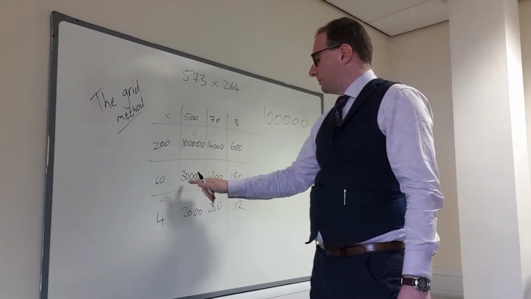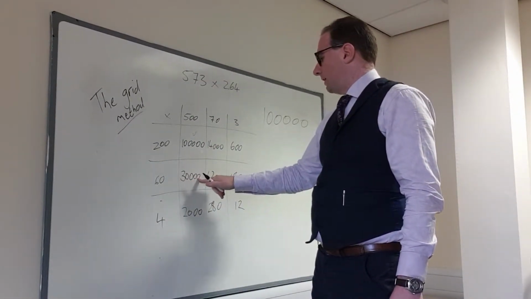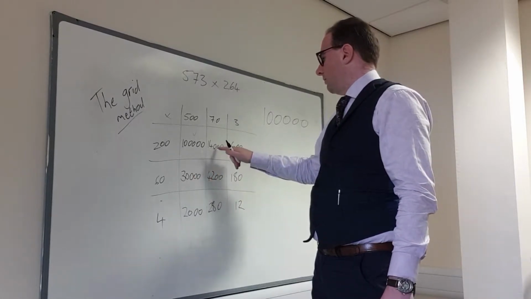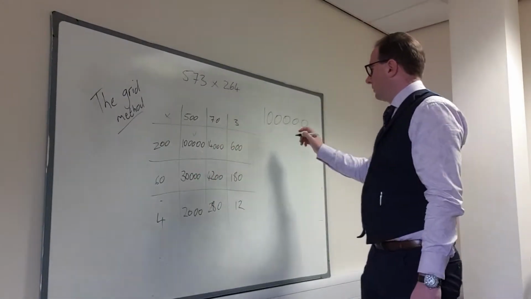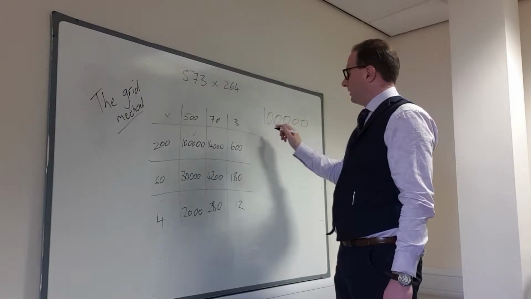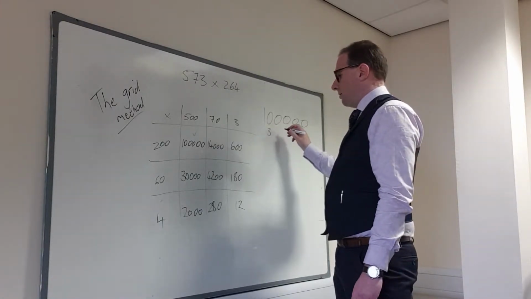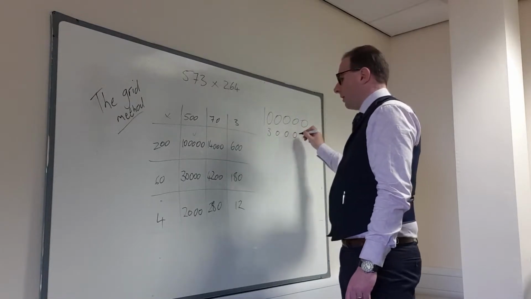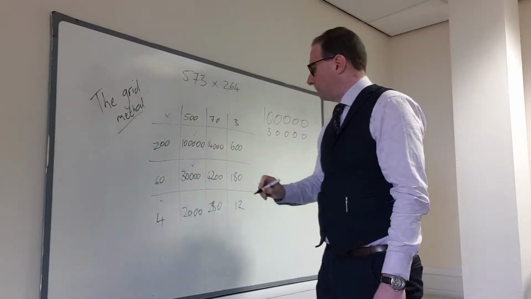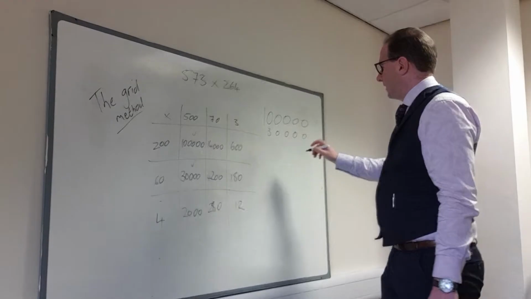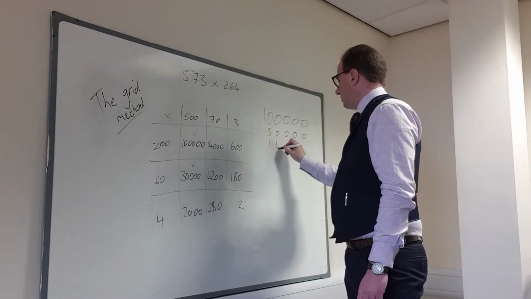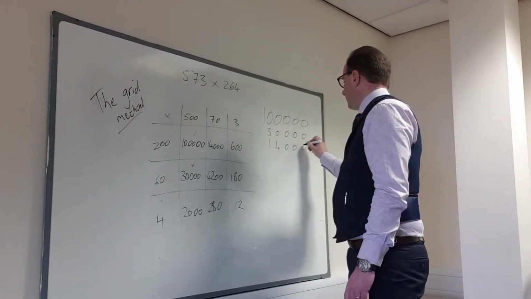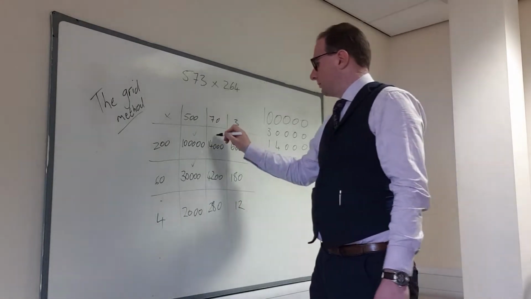So how many digits has this got? 5 altogether, and that's a larger number. 30,000. Take that one. So we know we've got 5 there. So 14,000. Take that one.